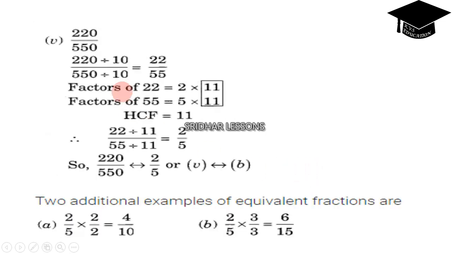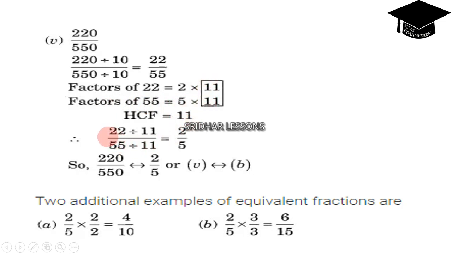Next one, 220 by 550. By cancelling the zeros here, we get 22 by 55. The factors of 22 are 2 into 11, and the factors of 55 are 5 into 11. Therefore the common factor HCF is 11.